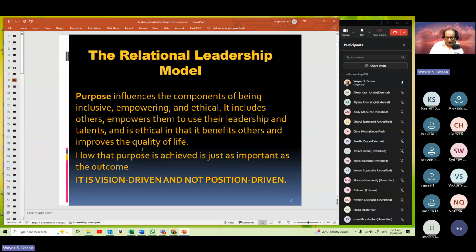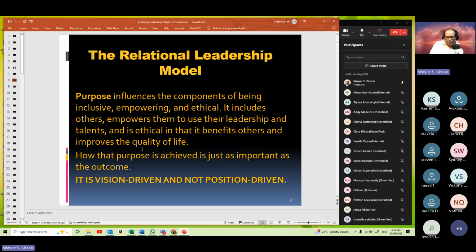So let's say you go to work in some sort of company. One of the first things that should be happening is that the persons there should induct new employees into the vision and mission statements of the organization, so that everybody could get a feel of, okay, this is what we're doing and this is how we're going to be operating.